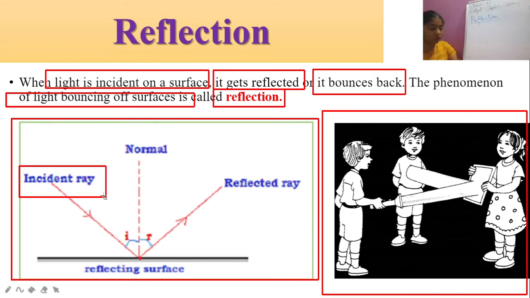So whenever a light comes from any light source, we call it an incident ray. Okay, and if it is bounced back to the other side, that is called reflected. So this is the incident ray and this is called the reflected ray. Okay, so whenever you draw a perpendicular to that, you can see that this is called a normal.